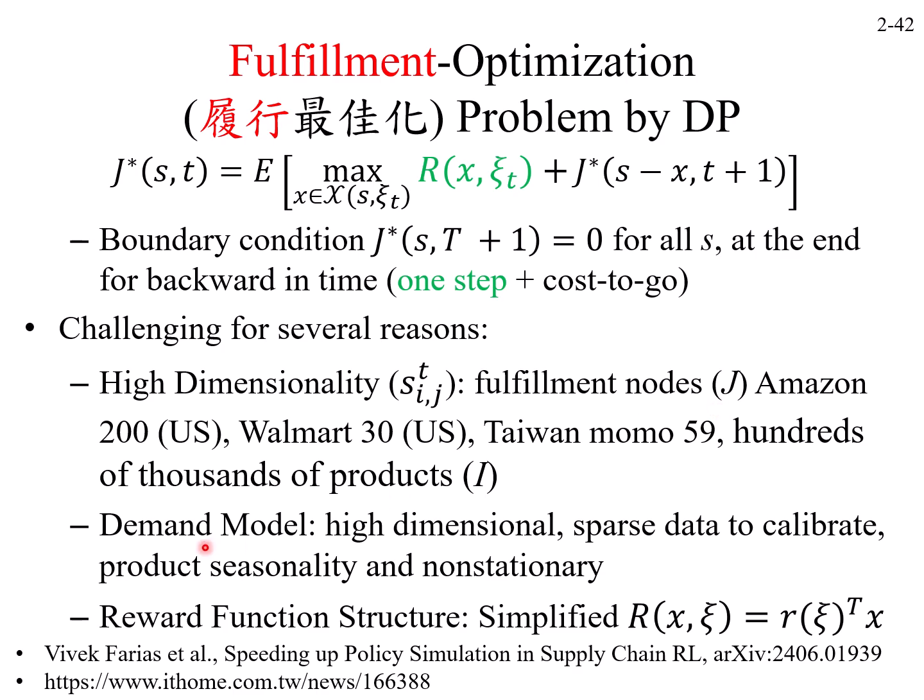And that is about the demand model. The other difficulty is that it's a high dimensional problem, and some products have low volume, so you have sparse data. So you still need to fit the data to find some parameters in your demand model.